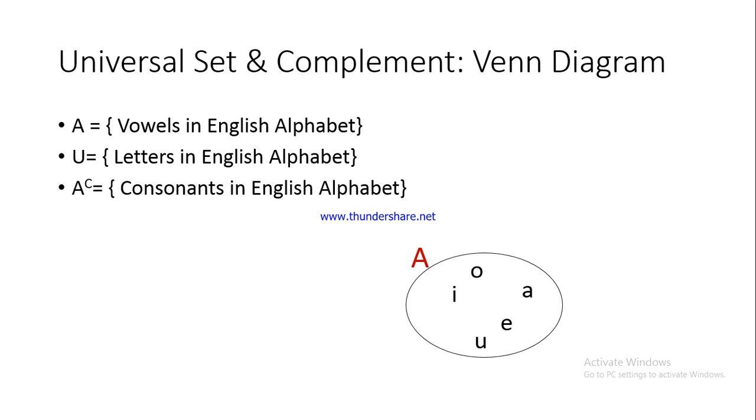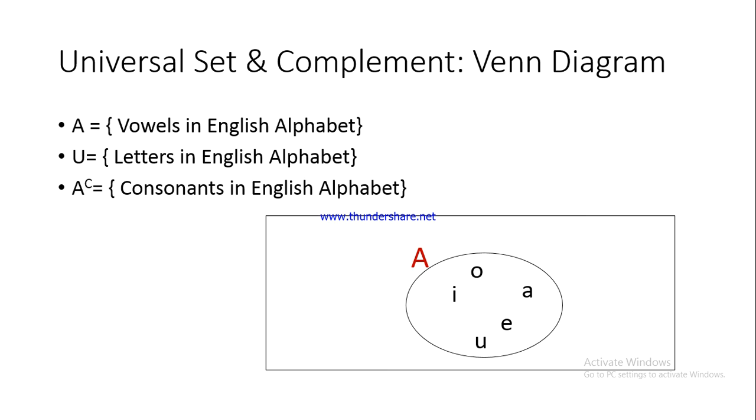Now what will be the universal set? The universal set is the set which contains all the elements. It should also include A, and that is why we are using this box to show the universal set, because the universal set is a set which contains all the elements which are possible in a particular context.